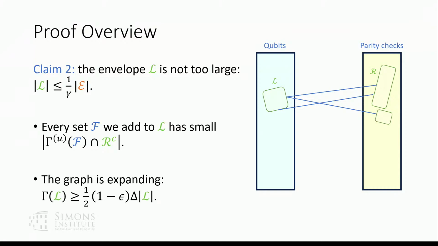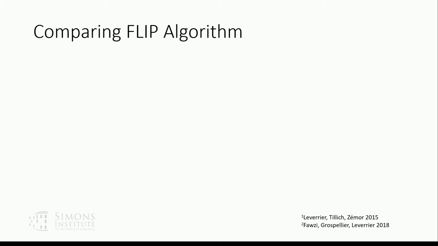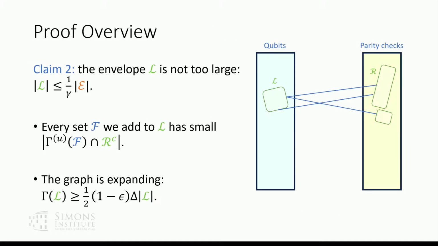But you have to expand because the graph is an expander. So because you're expanding and only add sets that have few vertices going out, at some point you're going to run out of vertices to add, and this is how you bound the size of L on an intuitive level.